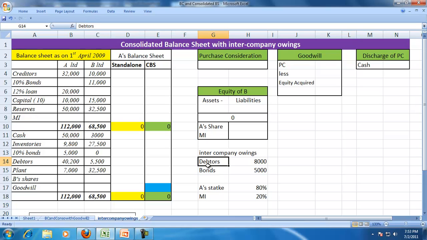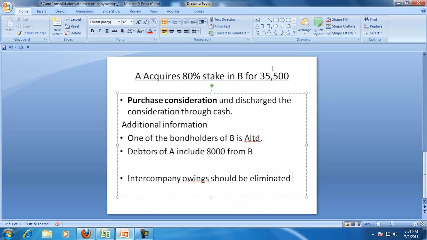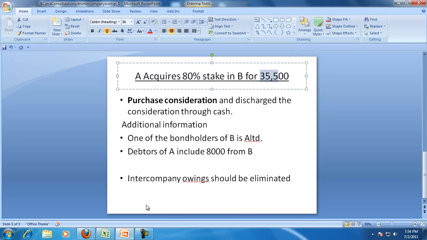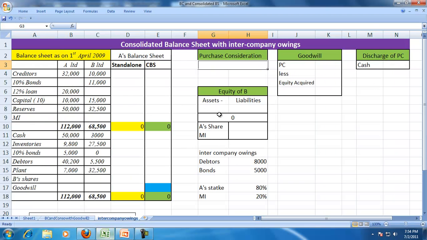There are intercompany owings in the form of debtors and bonds, and the purchase consideration is already given as 35,500 for the 80% stake. So it is not required to calculate the purchase consideration in this example, and it is discharged through cash.